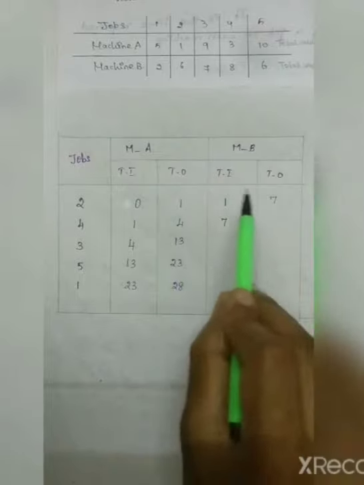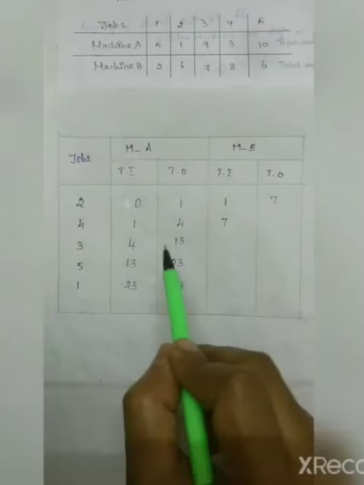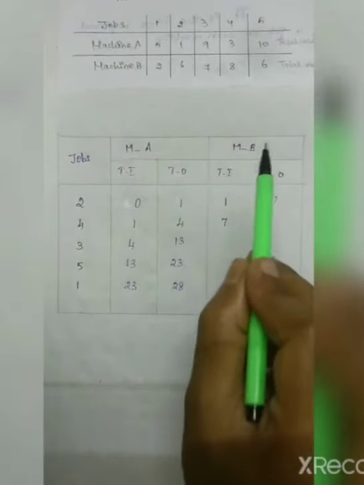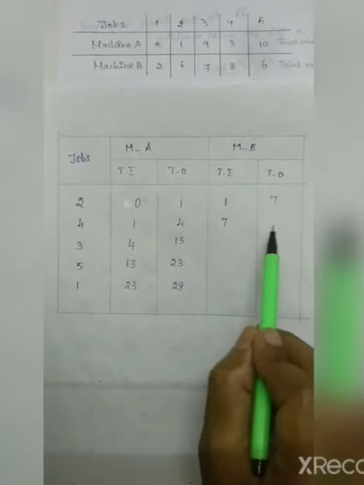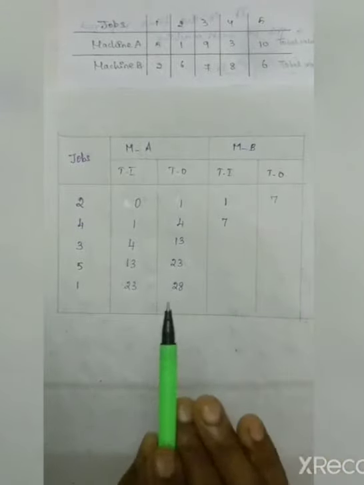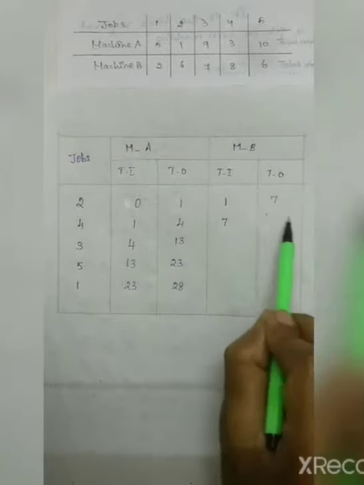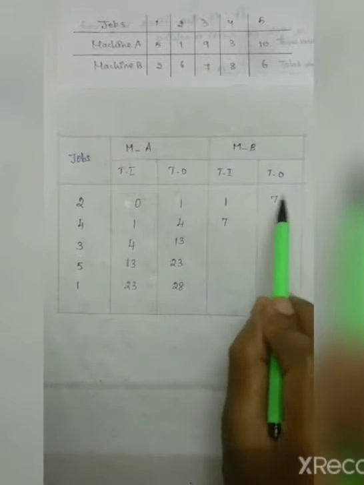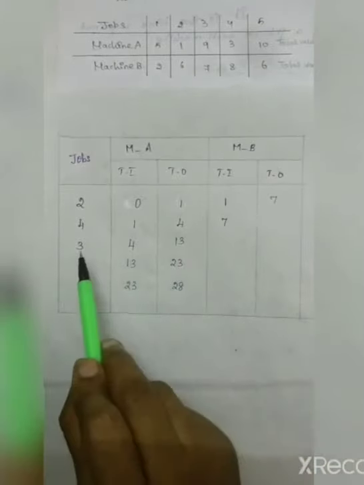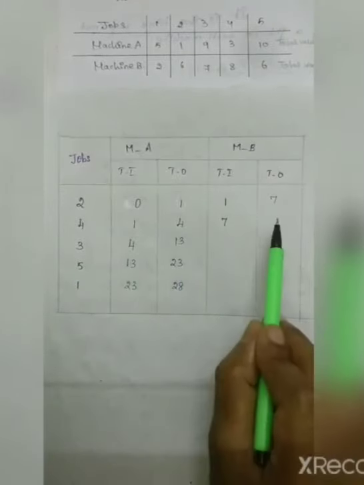But machine B will be busy up to 6 o'clock only. So you have to wait 3 hours. After the second job is over at 6 o'clock, you next appear the fourth job.